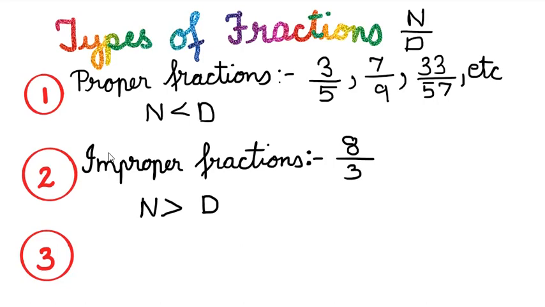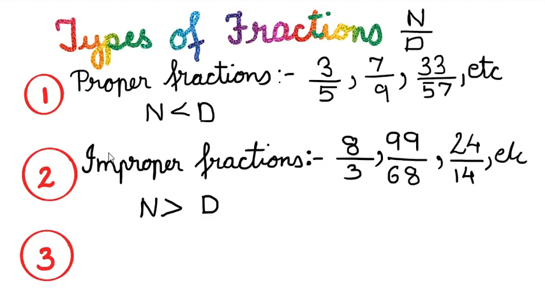For example, we can take 99 upon 68, or you can take 24 upon 14. Okay. So such fractions where numerator is greater than denominator, then that fractions are called as improper fractions.